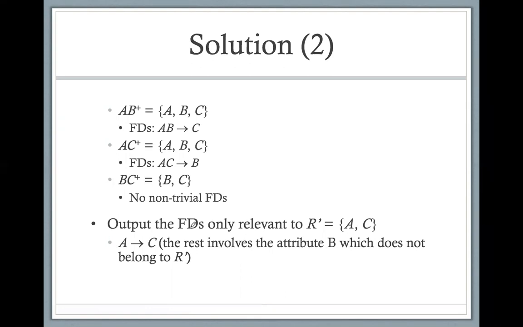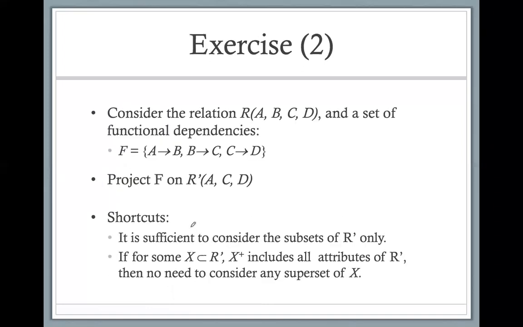Okay, let's do another exercise on this. We're going to do some shortcuts, so we don't have to do this for every possible subset of attributes. If I have 4 attributes, this would be too long. What you need to do when you're projecting F on R dash, which contains a smaller set of attributes, is consider subsets of R dash only.